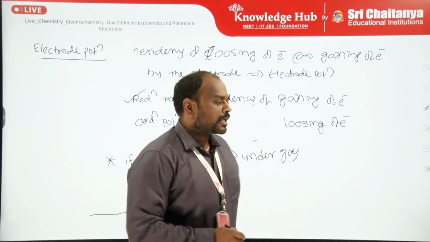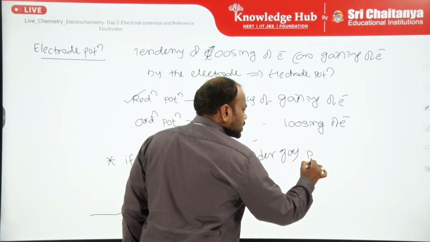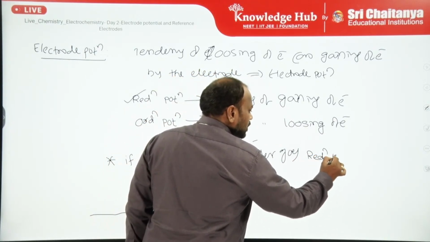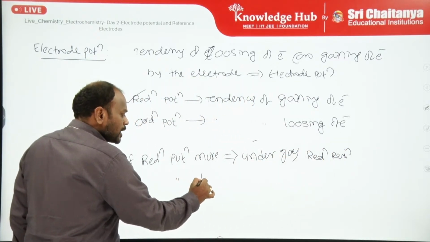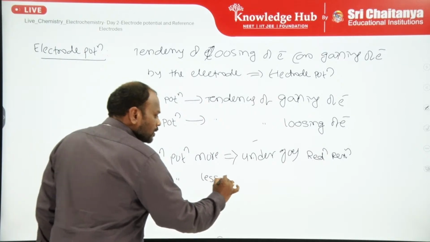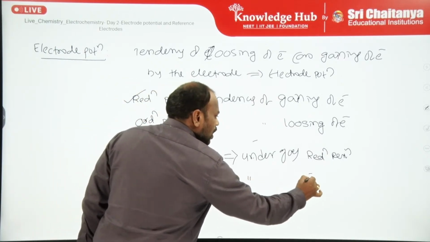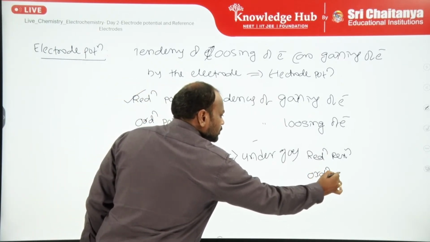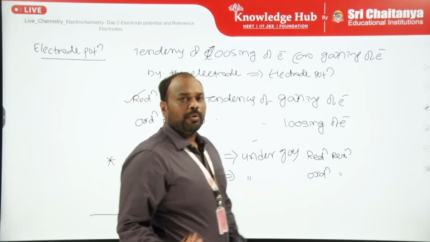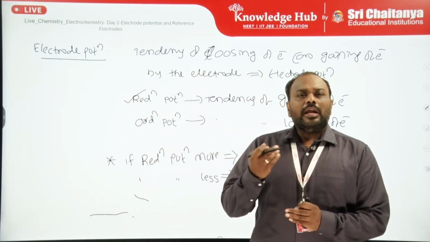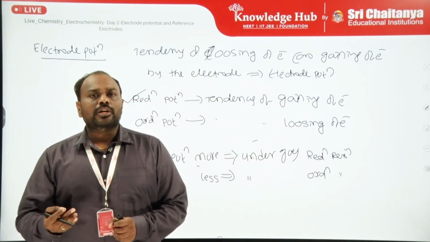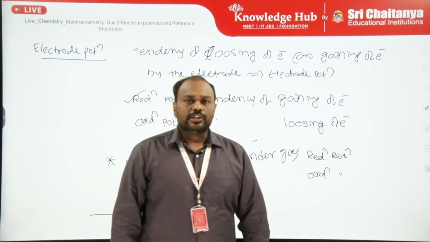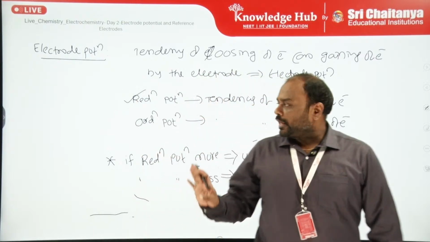If reduction potential values are less, then it undergoes oxidation reaction. Whatever values are given, the highest value is the reduction, the lowest value is the oxidation.